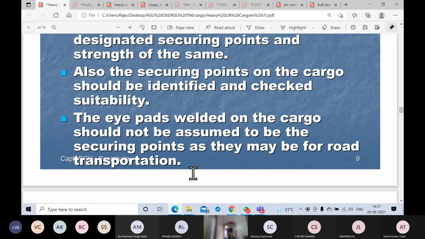This has to come from the shipper's declaration. He has to ensure that he declares what are the securing points he has made on the cargo to lash it for transportation at sea. The shipper's information will provide you the details regarding which eye pads welded on the cargo can be used as securing points for transportation at sea.